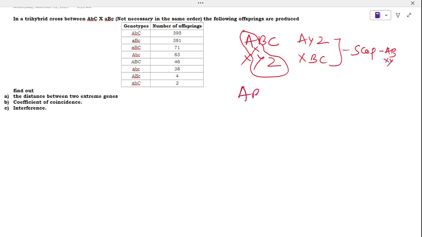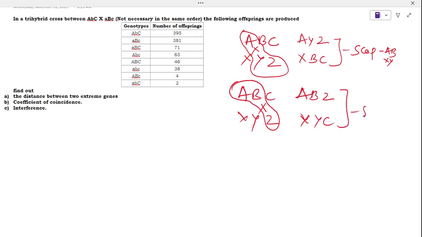Assume the same combination ABC, XYZ, but here the crossing over happens in the other part. The combination will be ABZ and XYC, the single crossing over product with respect to BC as well as YZ.